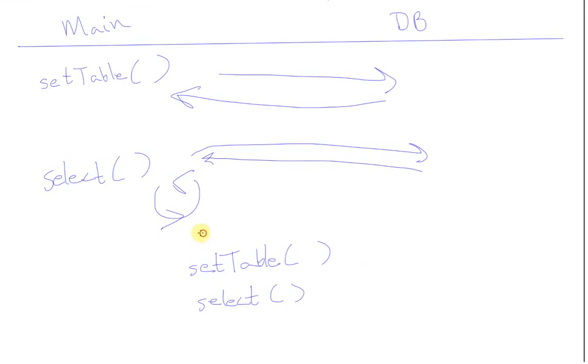So if I had set table like this, or somewhere previously in the code, set table begins its operation series. This second one begins its operation series. This one goes into a holding pattern.